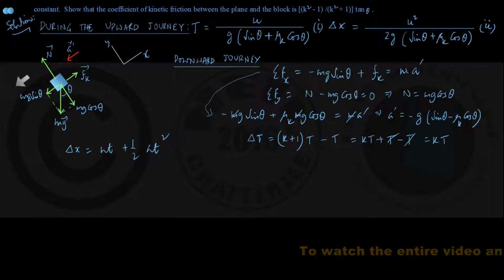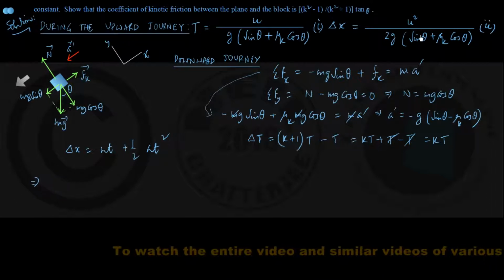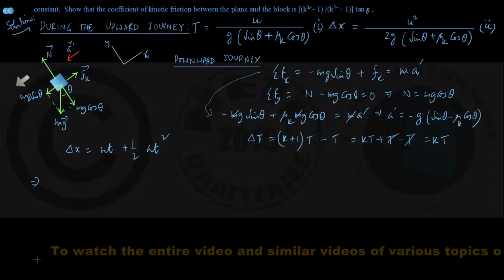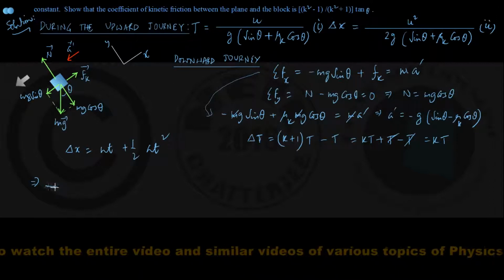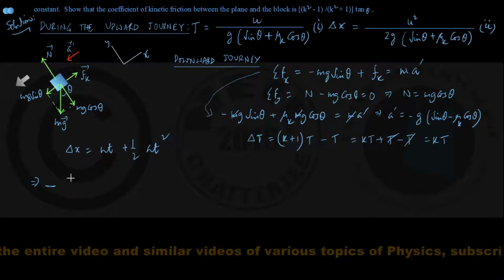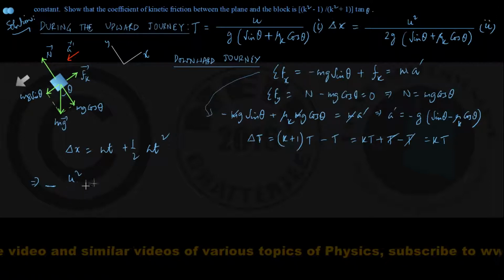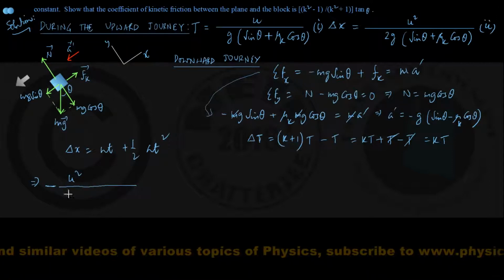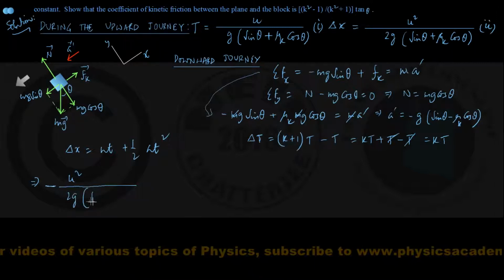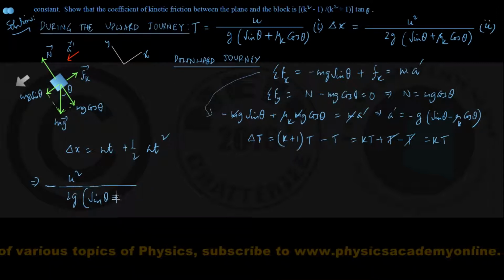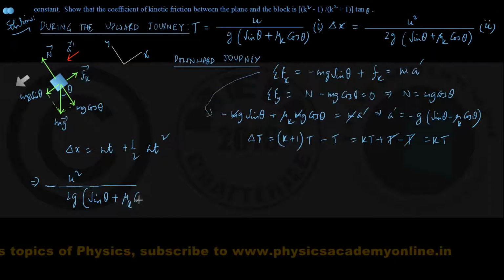So I shall take the value of delta x to be, referring to equation number 2 here, you are seeing this is the magnitude. But I don't forget to put a minus sign sticking to my sign convention. So it's minus u square divided by 2g into sine theta plus mu k cos theta.